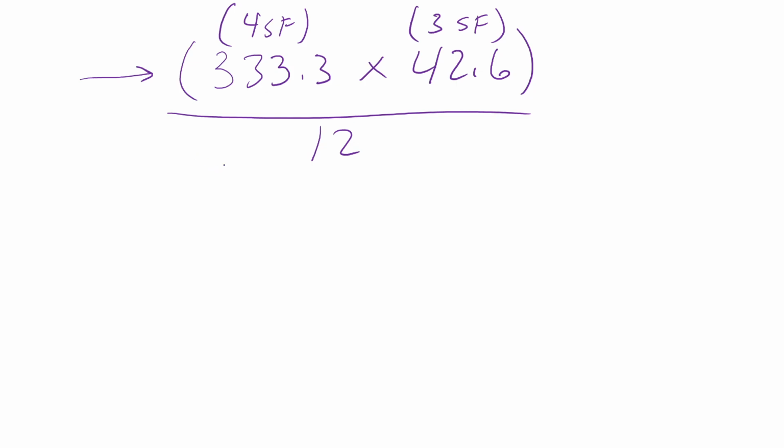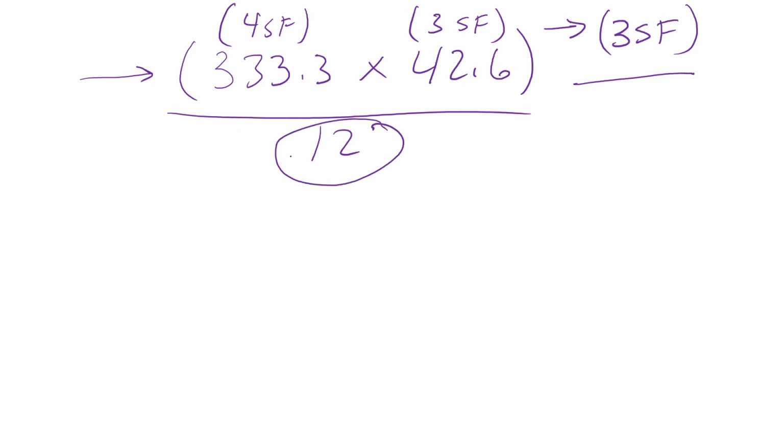Then we're going to take that number on top, which technically should have 3 significant figures, because that is the proper procedure for just the top part. We would then be taking that number on top, which technically has 3 significant figures, divided by this number on the bottom that has 2 significant figures. That means when we're all said and done, where we should end up is 2 significant figures.